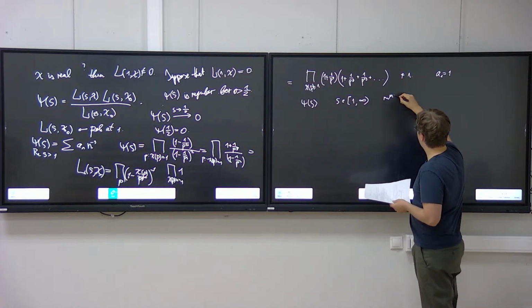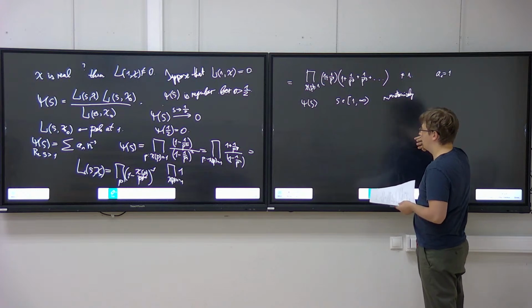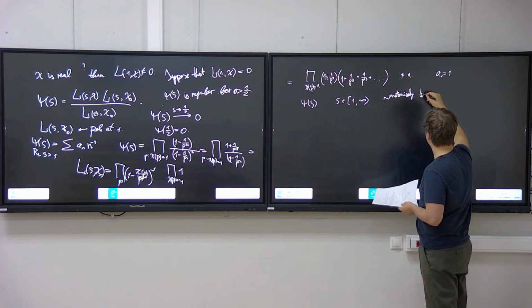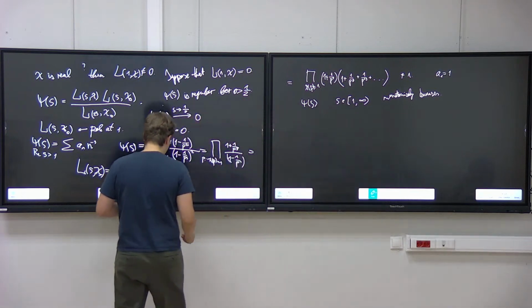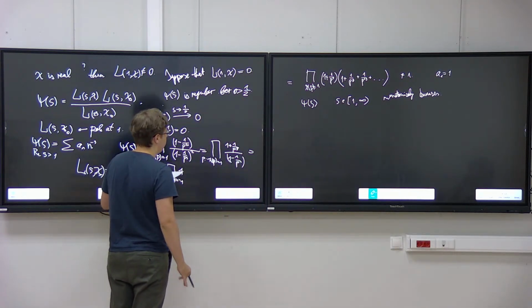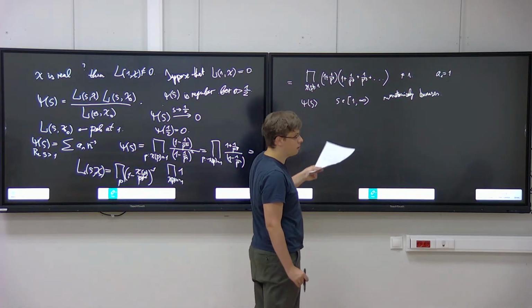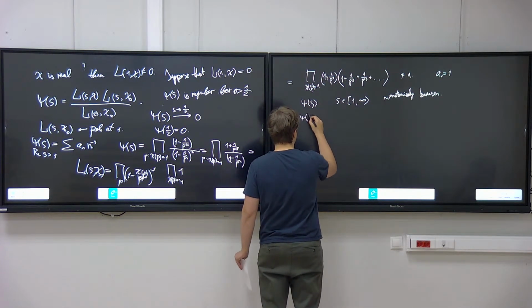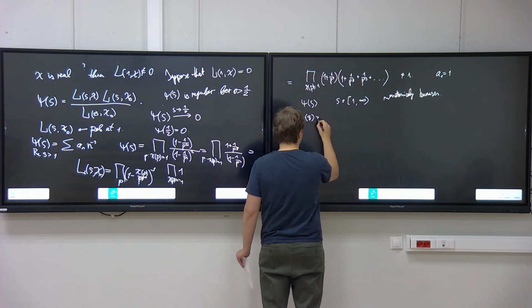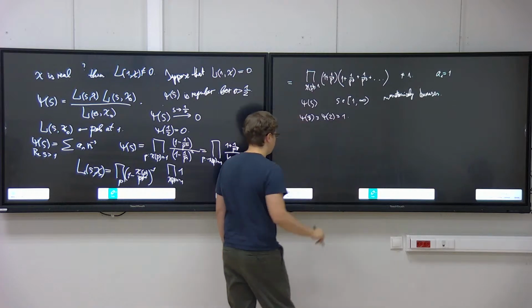How to write monotonically? Decreases. But for example, psi of 2 is always bigger than 1, yes? So we know that psi of s is greater than psi of 2, which is greater than 1, yes?